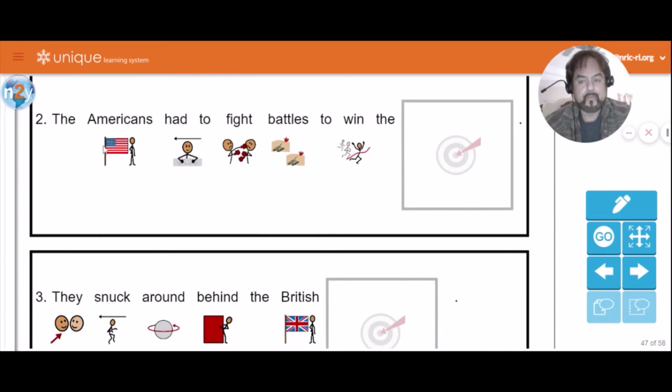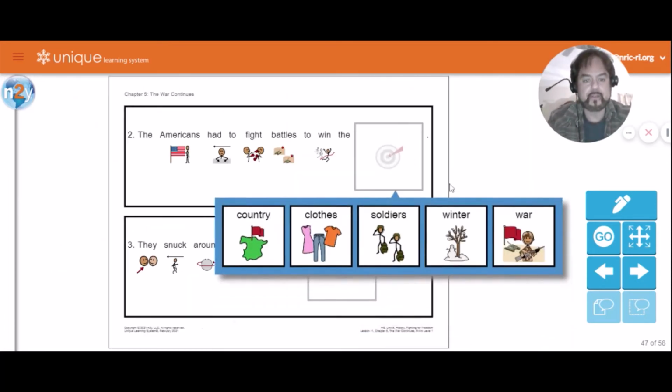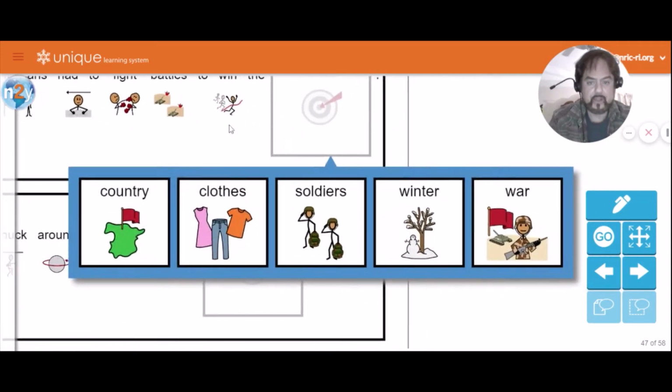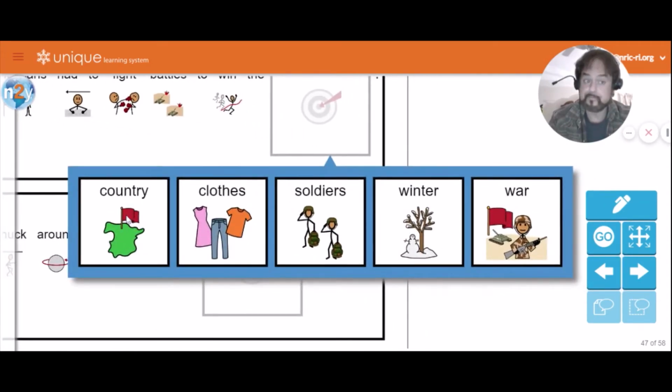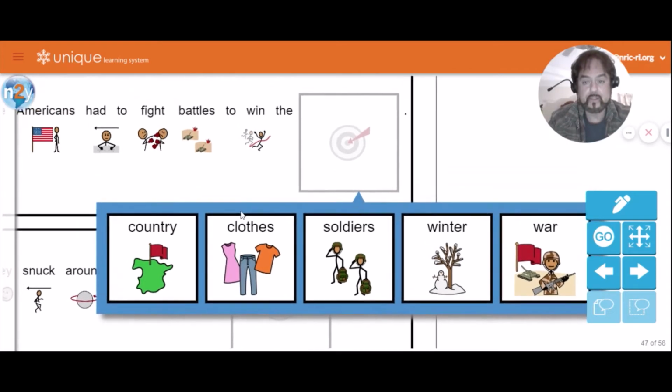Alrighty then. The Americans had to fight battles to win. Win, yay! To win what? What did they have to fight battles to win? The Americans had to fight battles to win the country. Almost makes sense.